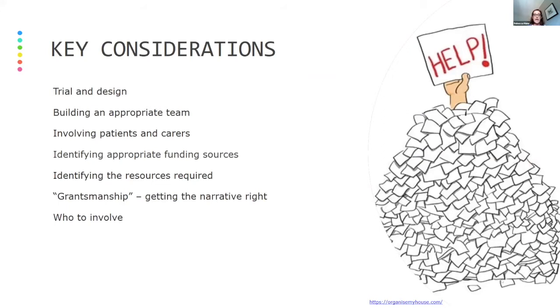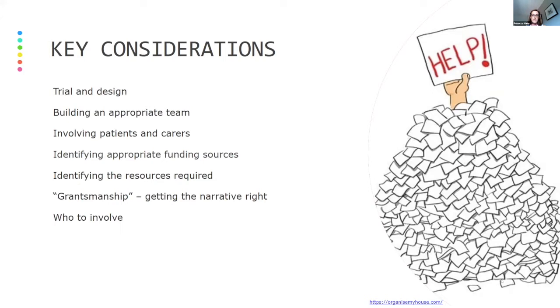I'm just going to talk through trial design very, very briefly. I know it's been discussed a lot already. Then some information about how we might build appropriate teams to help design and deliver applications, continuing the theme about involving patients and carers in the research process, identifying appropriate funding sources and the actual resources needed to deliver the trial.